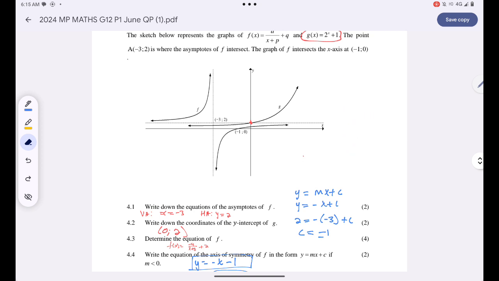Okay, first things first, guys, my graph for g of x is forever increasing. Are you together? So whenever I can draw a tangent on this curve, it will always have a positive gradient. Okay, I'm multiplying f of x and g prime of x, and I'm getting a negative answer.